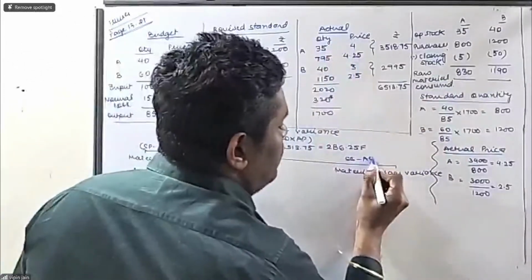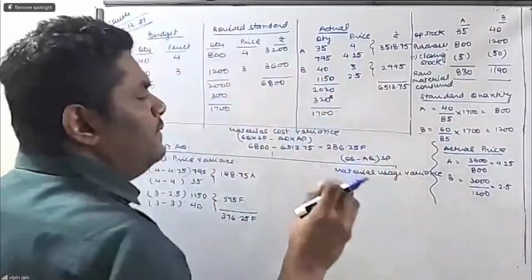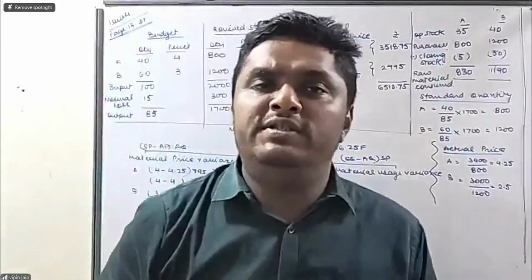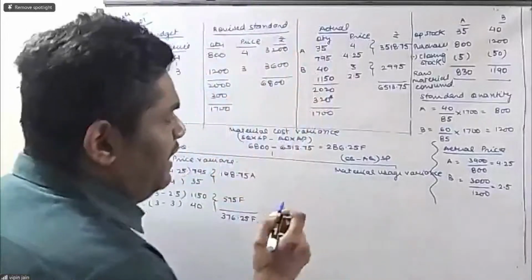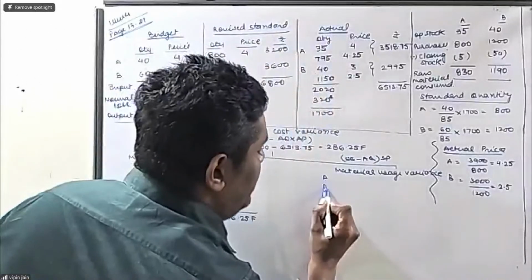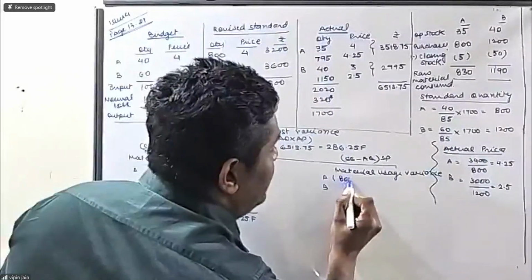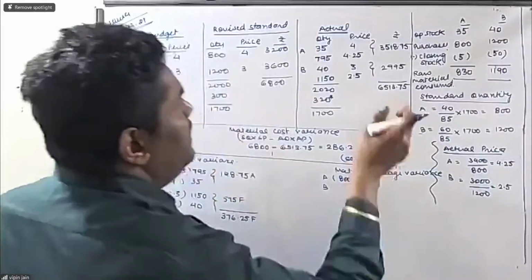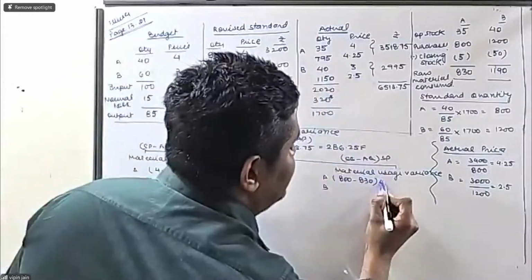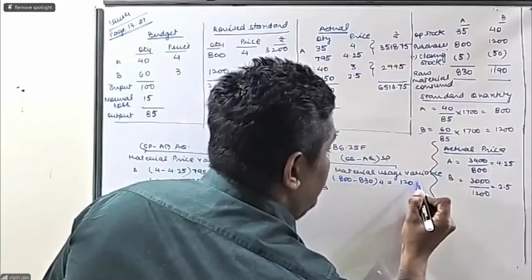So this is actual quantity into standard price, because we will not be considering the work done by the purchase manager, because this is the job of the production manager. So herein, when talking about A, the quantity we were supposed to use is 800, the quantity we actually used is 830, into my standard price, that is 4. So this will be 120 adverse.